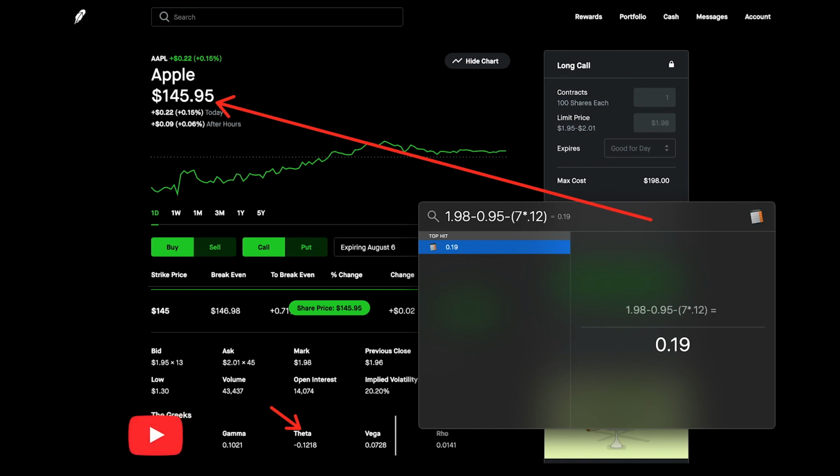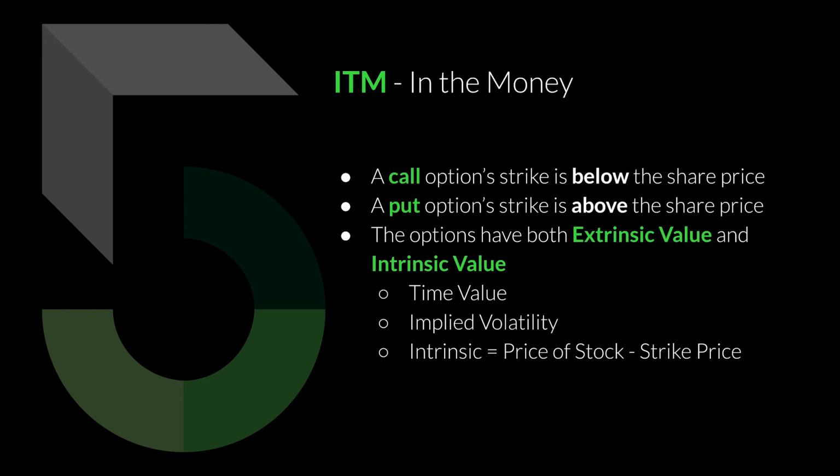So this is part of how options prices are calculated. We can look at the intrinsic value and we can look at the extrinsic value. In the money options are always going to have that intrinsic value, and that's the difference between the current share price and the option strike price. So that's in the money options. They've got time, volatility, and the intrinsic value.